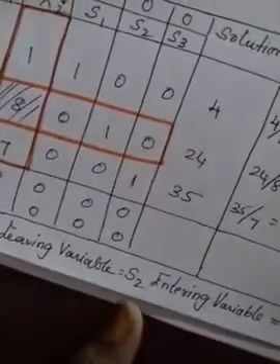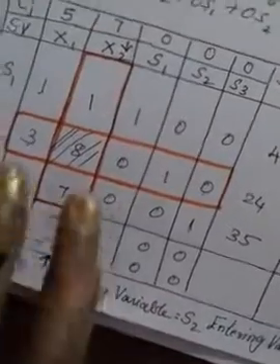So write this down somewhere, it will be useful, because until we get positive values we have to repeat this iteration. This first table is called the initial simplex table.